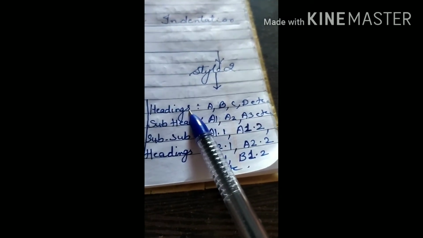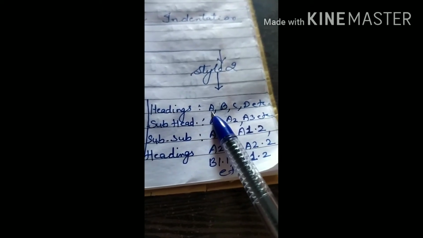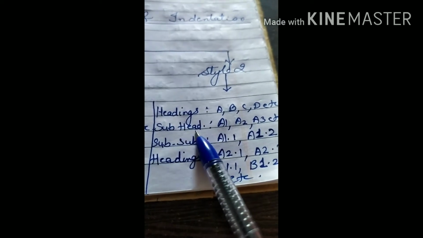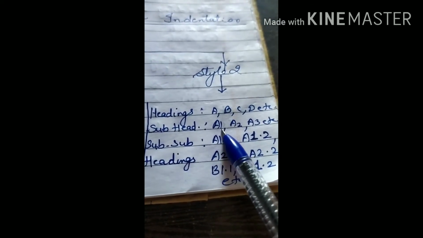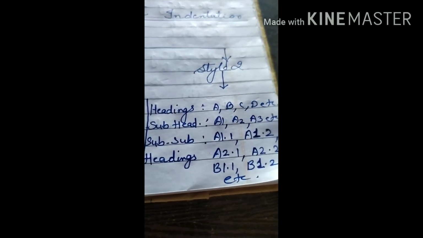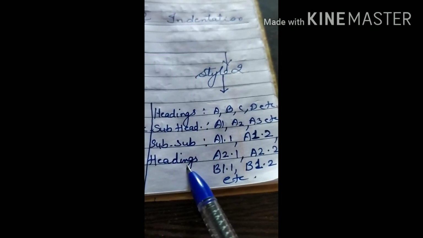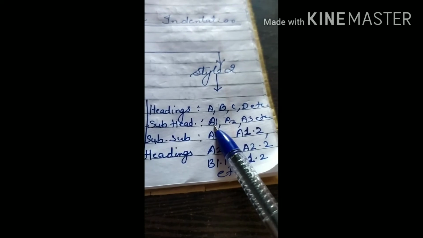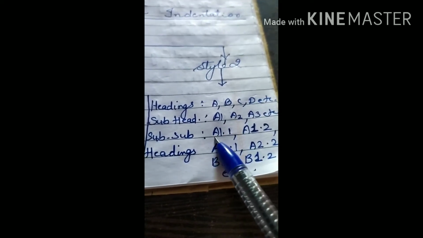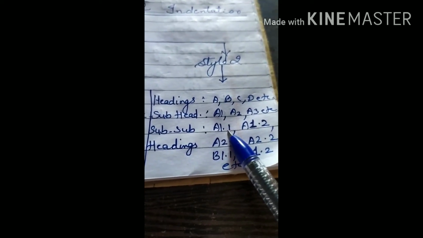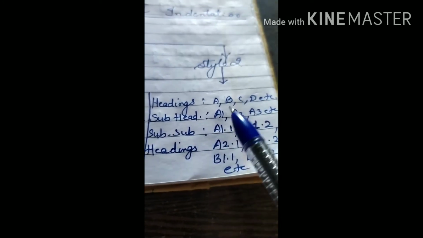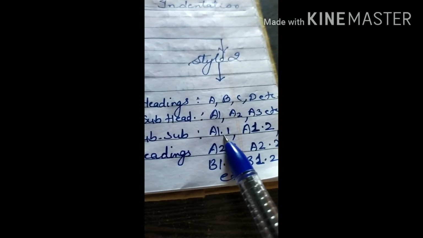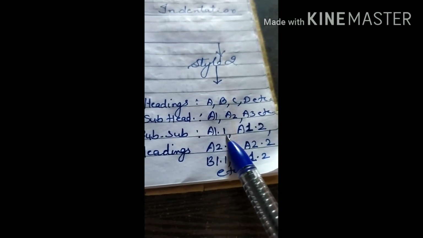And for style number 2, for headings you may use capital letters A, B, C, D, etc. And for subheadings like A1, A2, A3, etc. And for subheadings of subheadings, you may use A1.1 under A1, because this is a subheading for a subheading. The subheading is called A1 and the sub-subheading is A1.1.